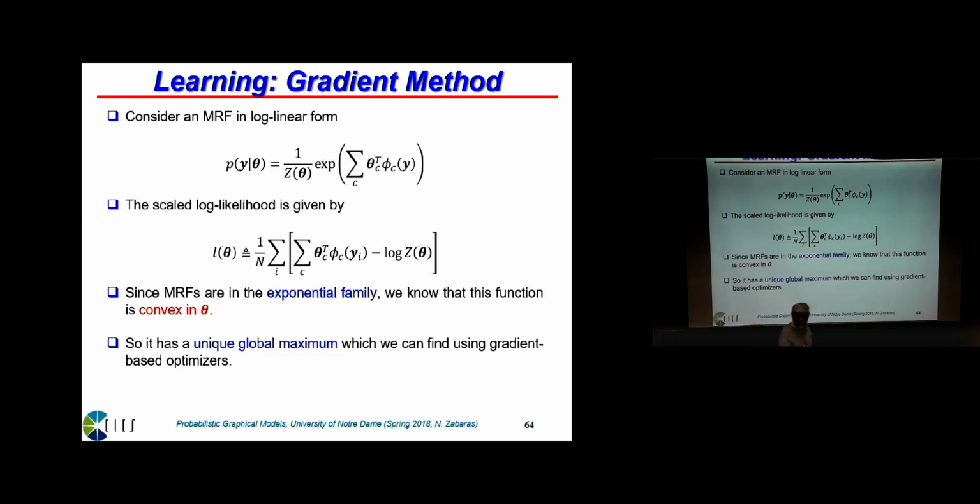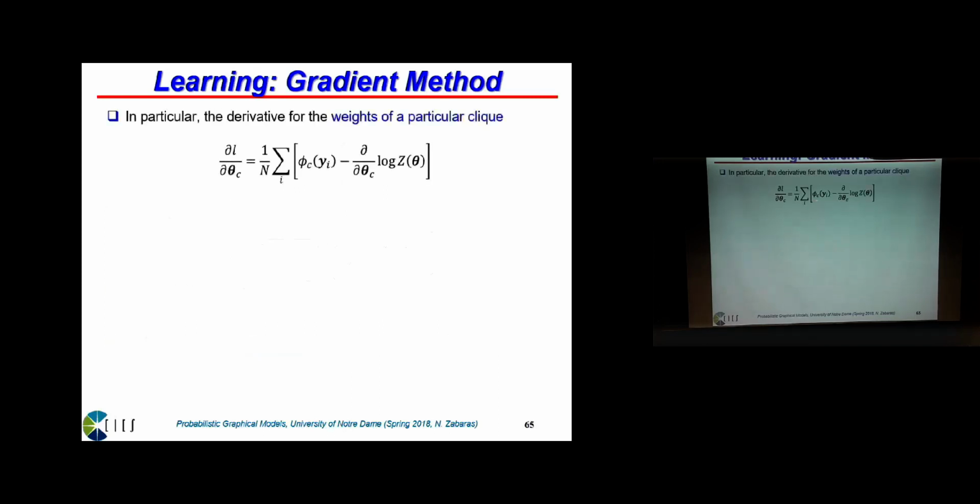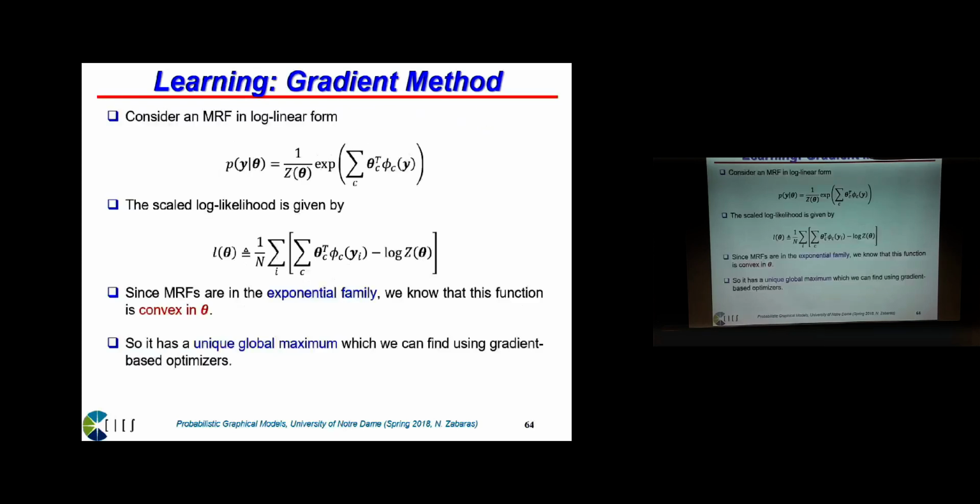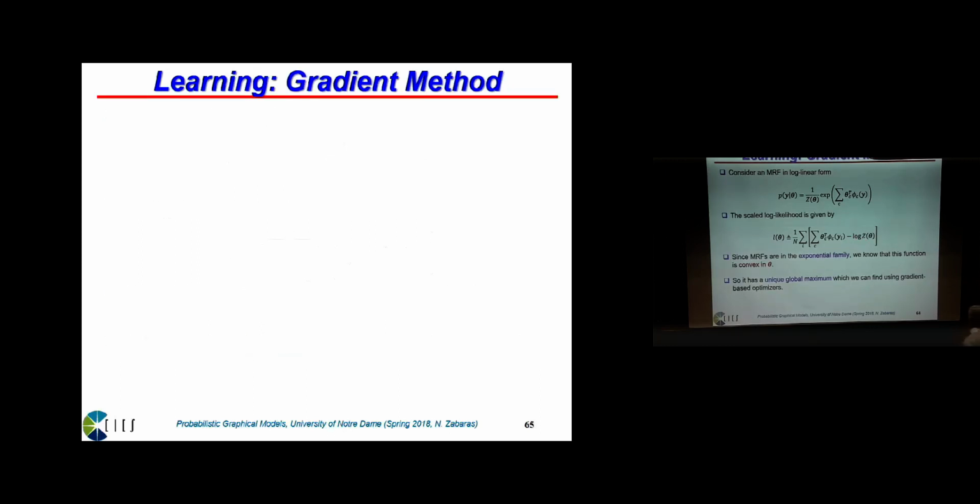You will get the feature functions phi_c at each y_i, okay? All right? So this is what you get. And then from the second term, you will have to take derivatives with respect to theta_c of the log of Z.